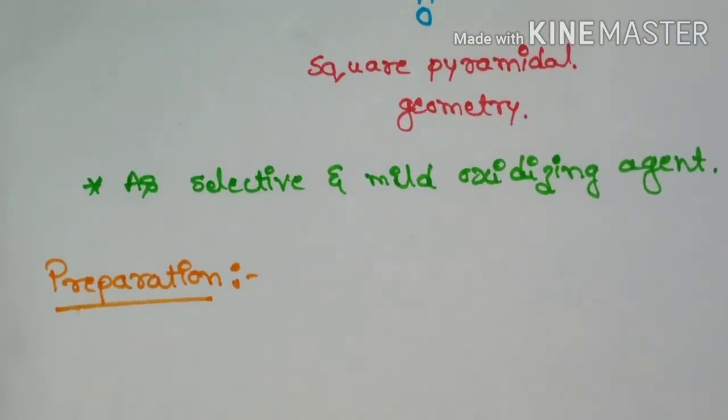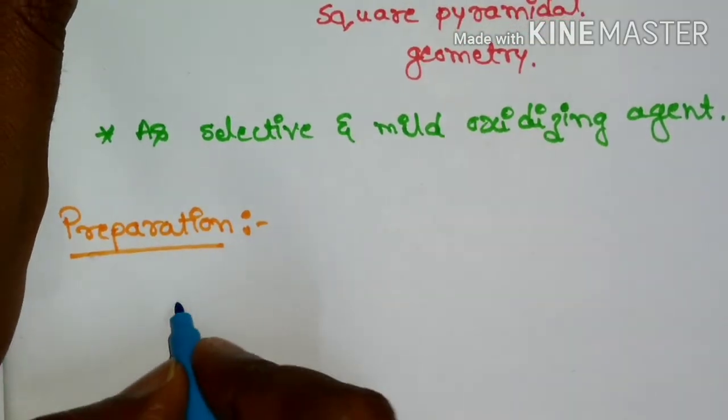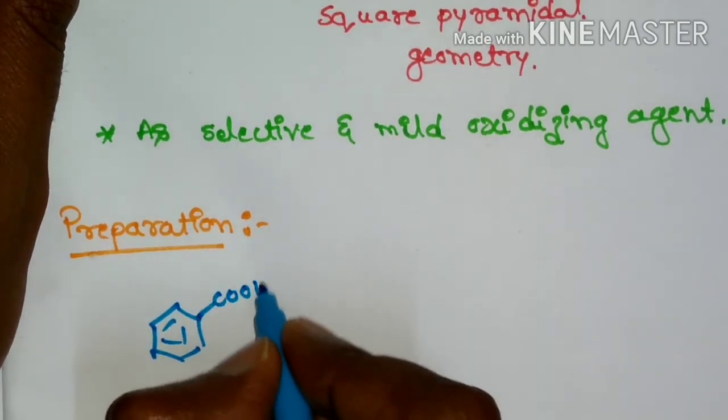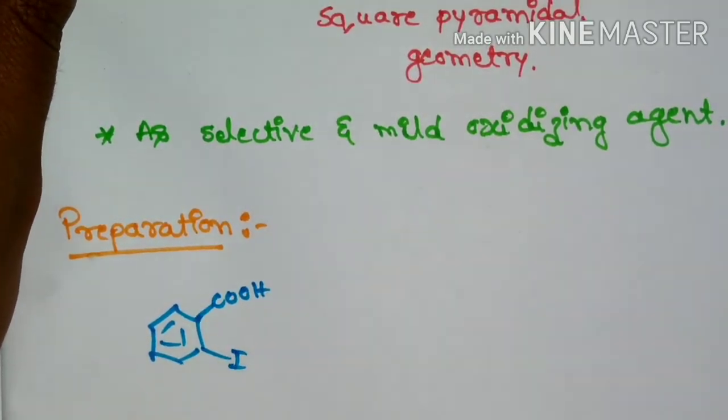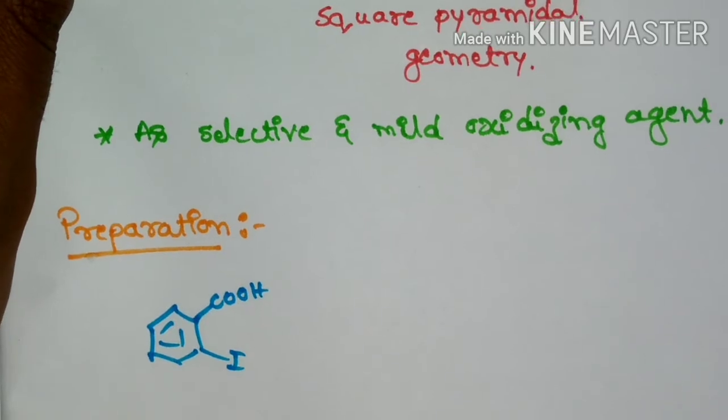It is prepared in 2 steps from the starting material, ortho-iodobenzoic acid. So this is the starting material, this ortho-iodobenzoic acid.